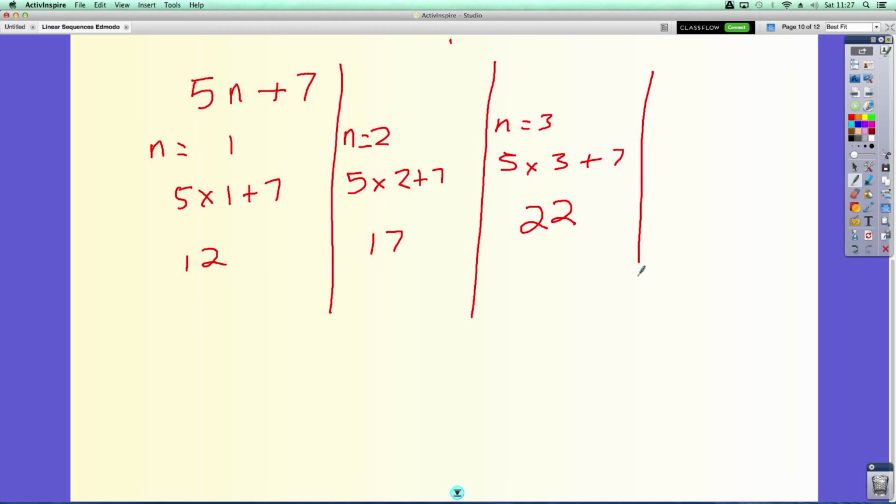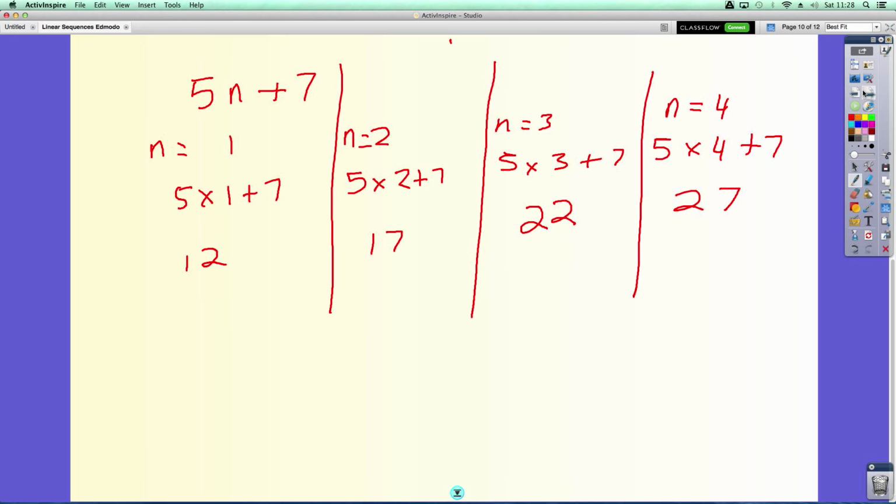And then the last, because I said I wanted the first 4 terms, it's n equals 4. 5 times 4 plus 7 is 27. And equally, you could have started with 12 after substituting 1 and then added 5 3 times. So plus 5 is 17 and go on like that as well.